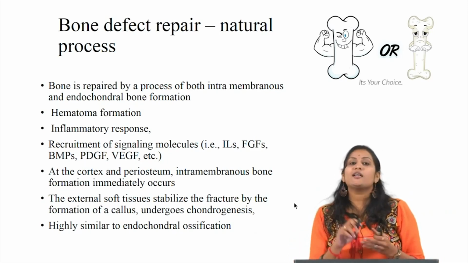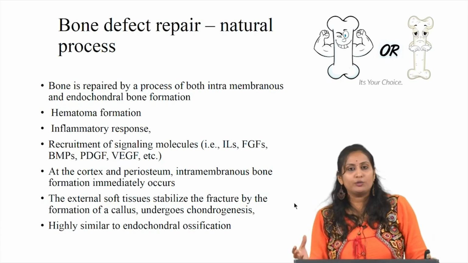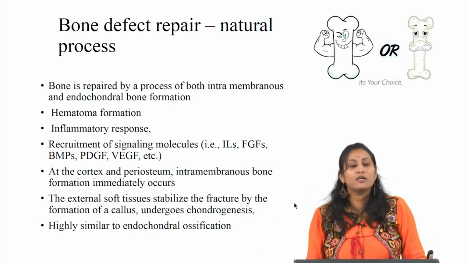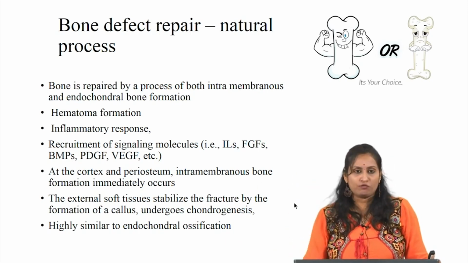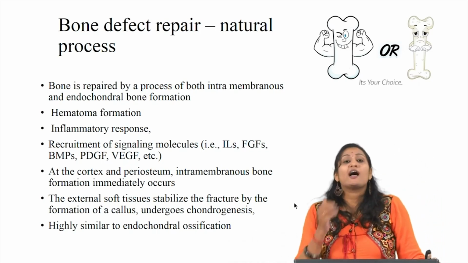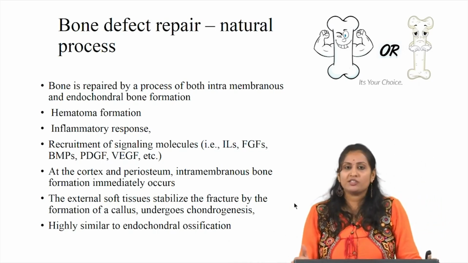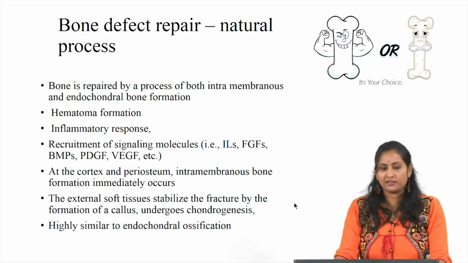Then it starts recruiting signaling molecules, for example interleukin, fibroblast growth factors, bone morphogenetic proteins, which are responsible for the formation of bone. Once signaling molecules are recruited, at the place of cortex and periosteum, intramembranous bone formation immediately occurs.